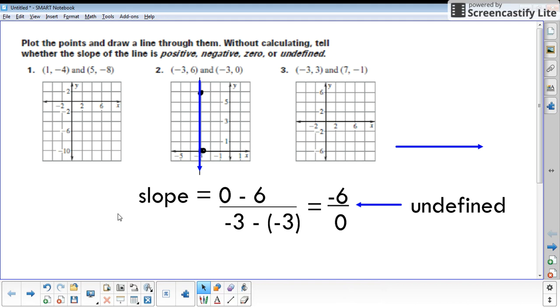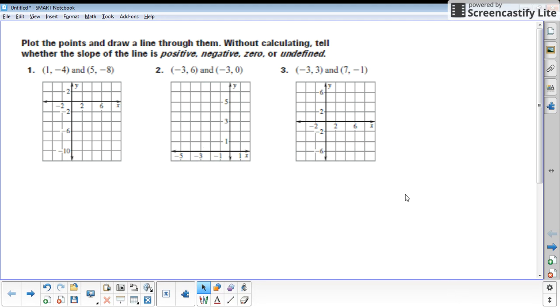For number 3, again, you just plot the points and see which direction the line is going to come out. Here, (-3, 3) is here. Be careful of how the intervals are being counted. Notice we're counting by 2s, so this point should actually be here.